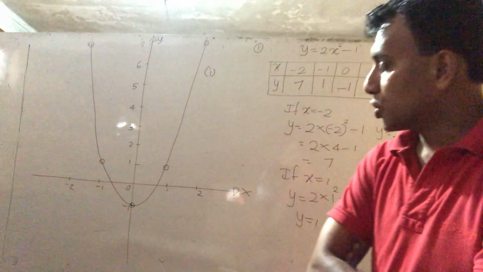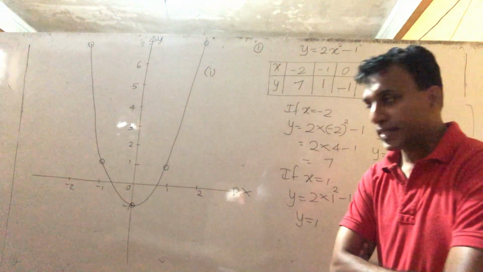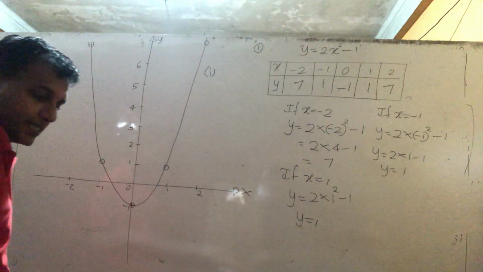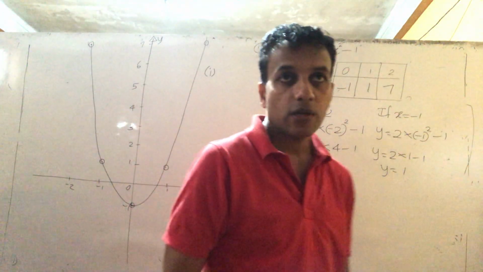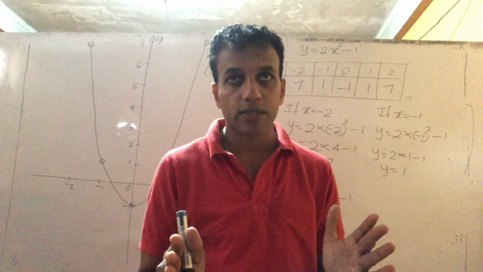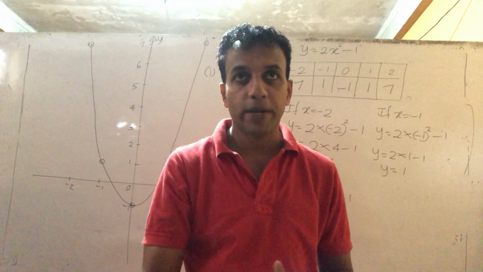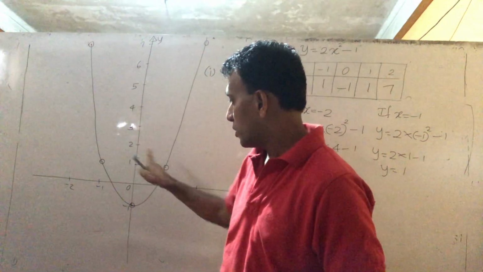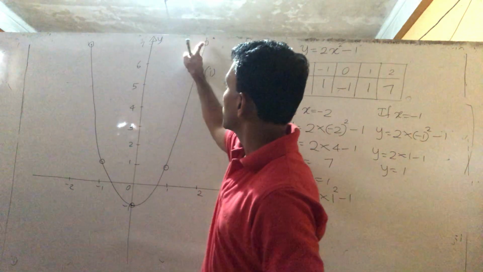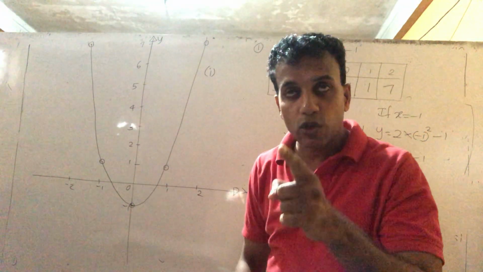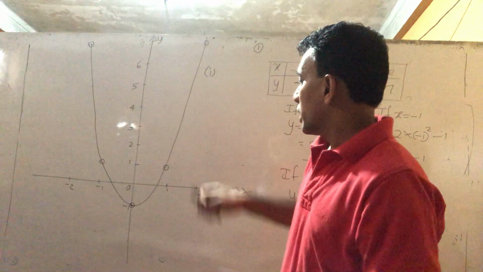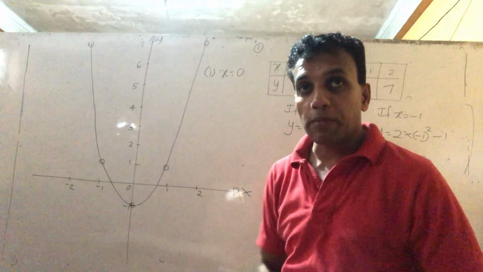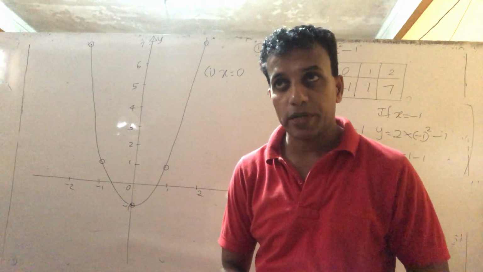No doubt, as I always said in the grade 10 syllabus, the y-axis is the line of symmetry. See here 1, here 1, there 7, here 7, y is always symmetric. So the equation is x equals 0, the equation of the symmetric line.